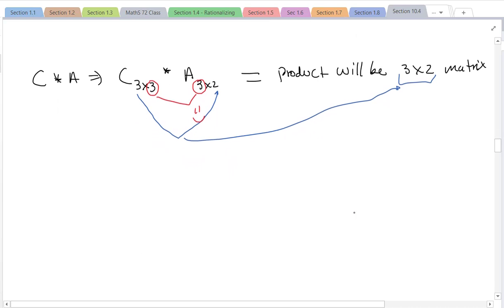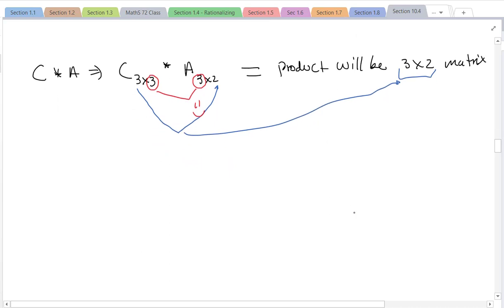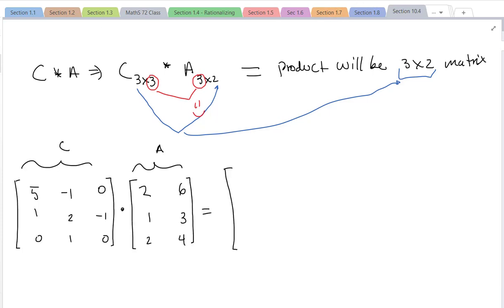Okay, so let me write down C and A, and then we'll do that product again. Okay, so now that I've written the matrices, let's go through the product. So again, you do the first row times the first column. So I'm going to have 5 times 2 plus negative 1 times 1.